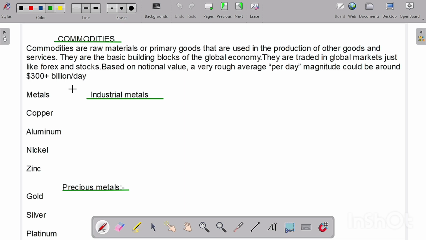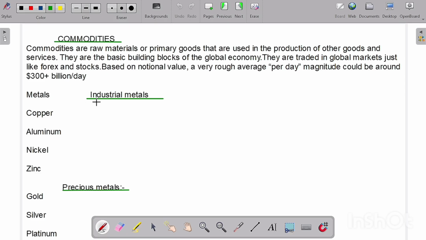If they are making coins, they need copper. If they are producing an aeroplane, they need aluminium, copper, a lot of things which are in the commodity segment. And that's why we have learned that they are the basic building block of the global economy.